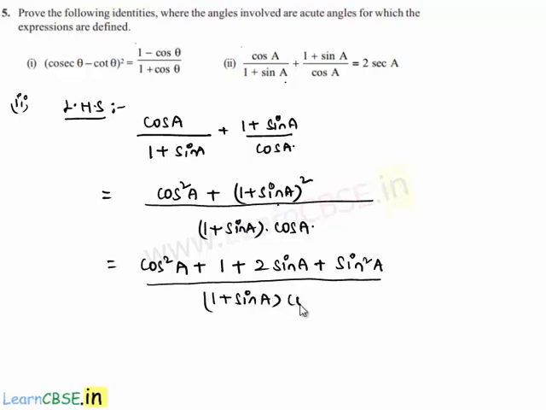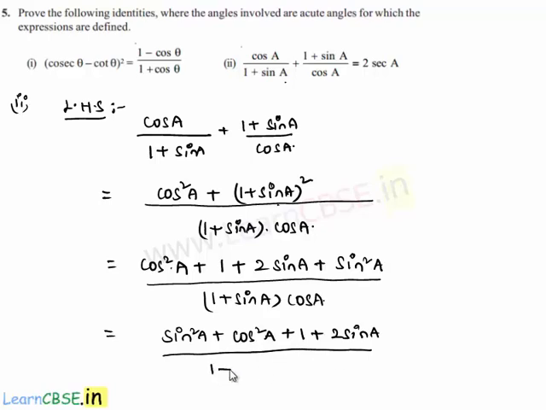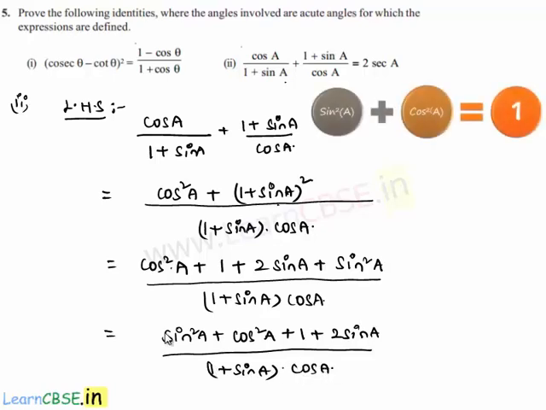(1 + sin A) into cos A. That will be equal to, let us write together the terms sin²A and cos²A plus 1 plus 2 sin A, all divided by (1 + sin A) into cos A. Now we have an identity that sin²A + cos²A is equal to 1.